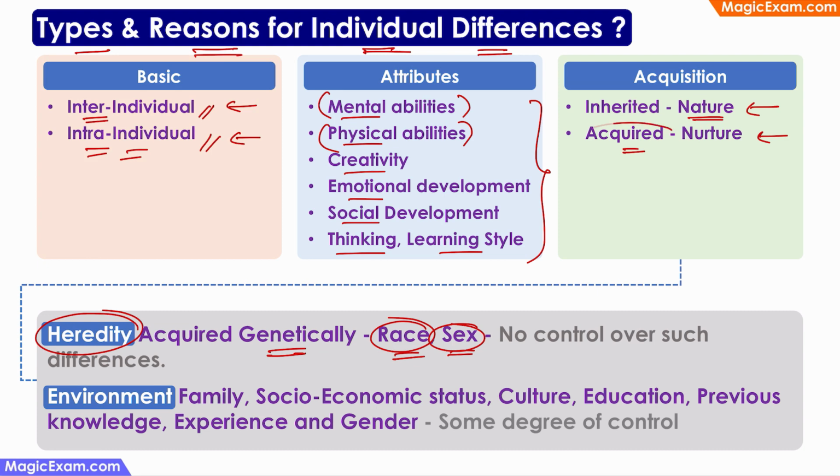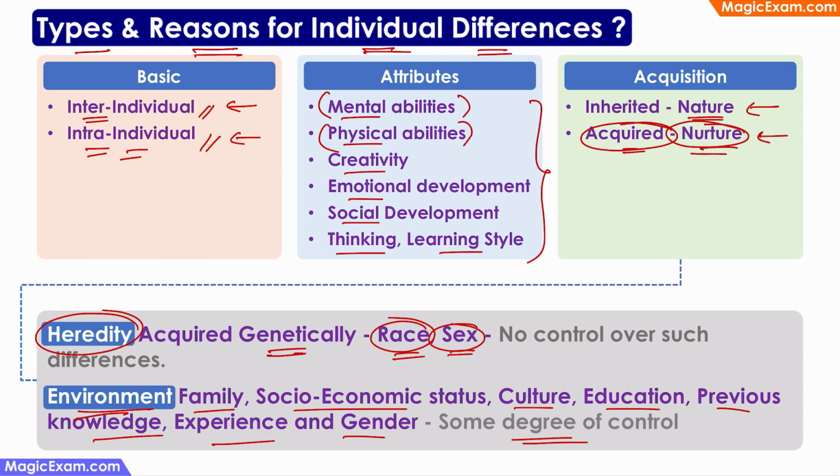And acquired or nurture are the differences because of environment, such as family, socioeconomic status, culture, education, previous knowledge, experience or gender. Now, when it comes to differences because of nurture, there is some degree of control that can be exercised here.